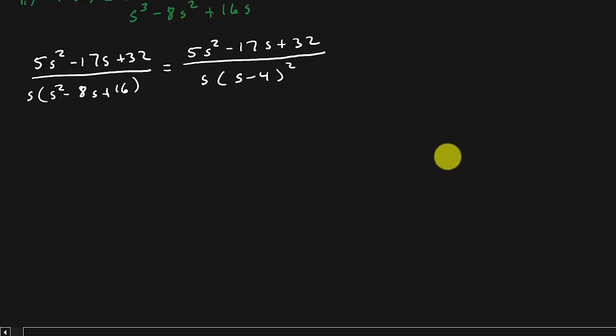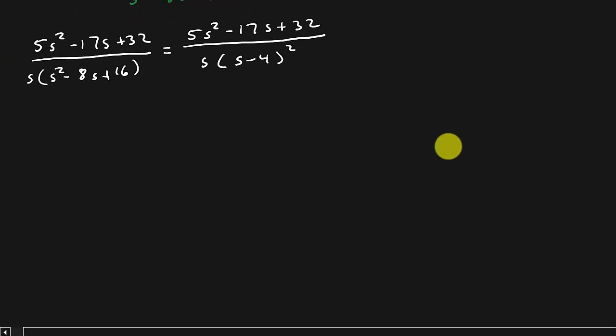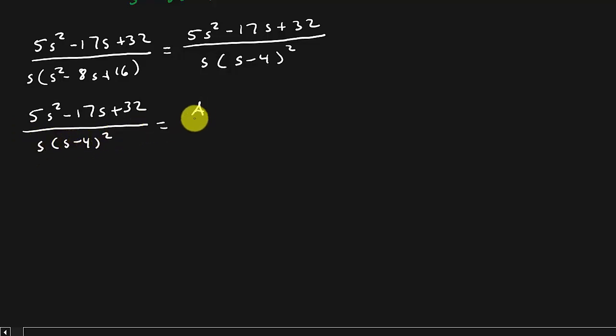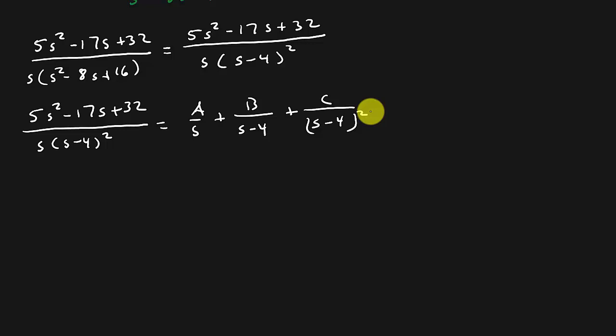Factor the denominator, and you might already have guessed what we're going to do. So we've got (5s squared minus 17s plus 32) over s times (s minus 4) squared equal to a over s plus b over (s minus 4) plus c over (s minus 4) squared. Yes, you guessed it. Partial fraction decomposition. There you go.